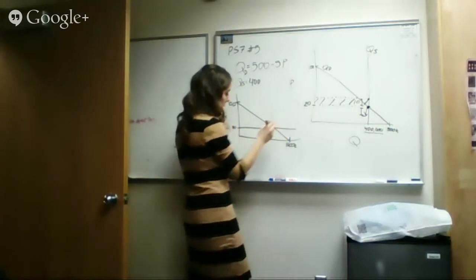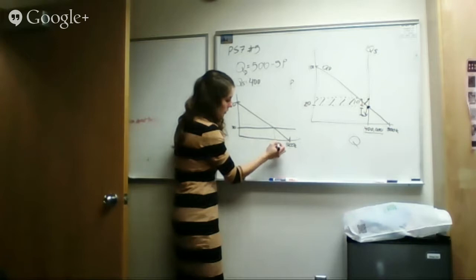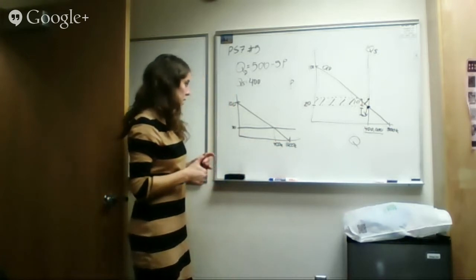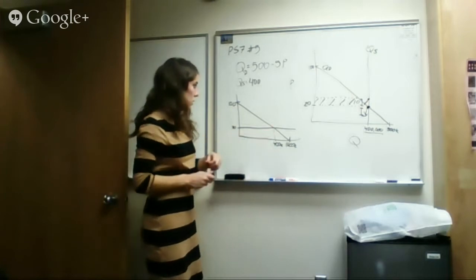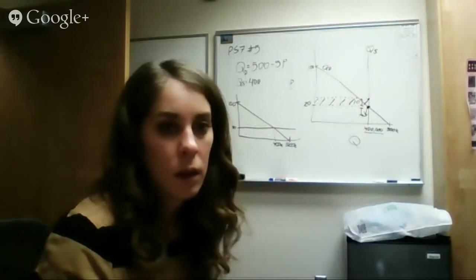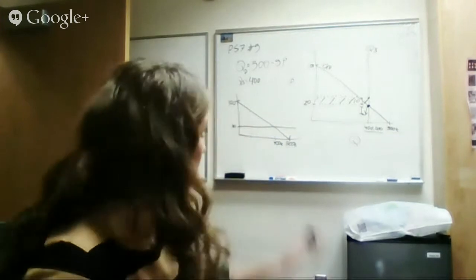And just by coincidence again, they're going to supply 400K a year, because that's how many people are willing to buy at $20 or more. Okay, so that's part G.